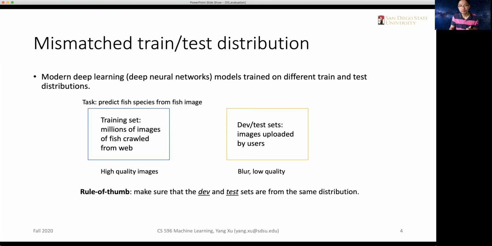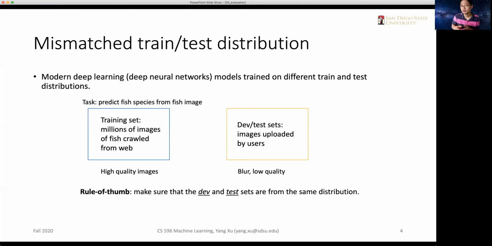We need to be guided by the principle that when we train a model, we want to use dev sets or validation sets that are similar to the final testing sets that the model is most likely to be applied to.